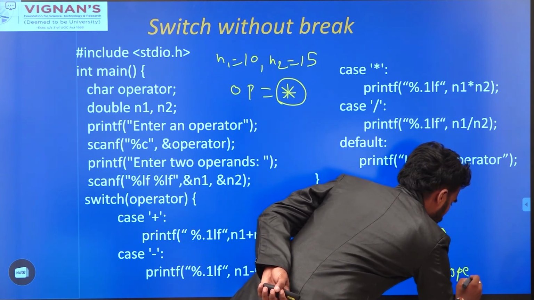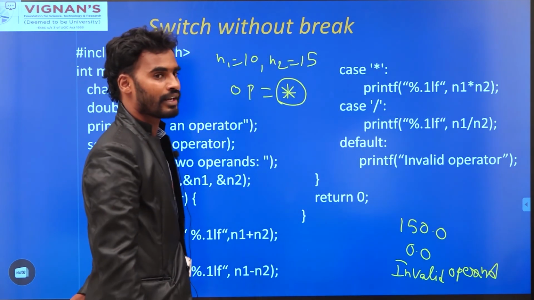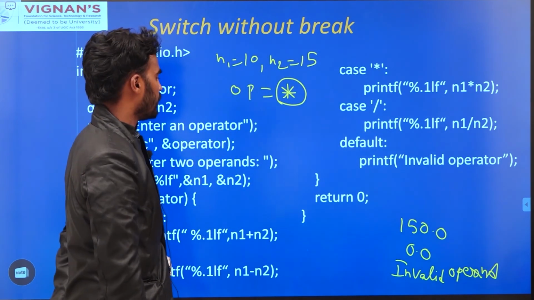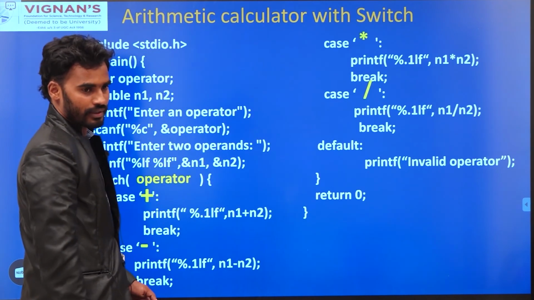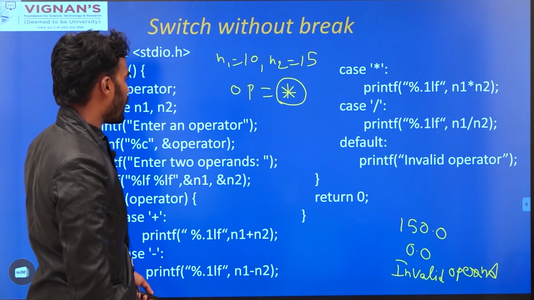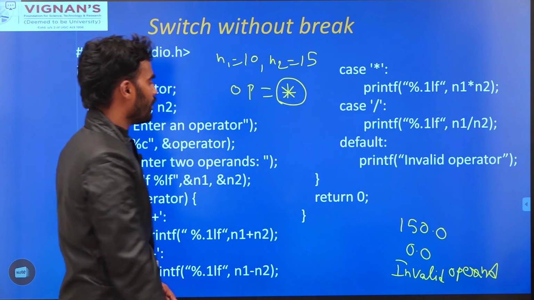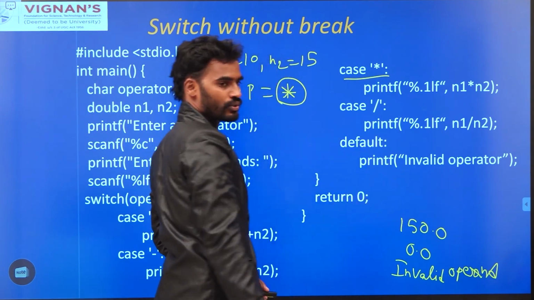All the remaining labels will be executed. So don't forget to place the break statement. If you don't place a break statement, once it matches with any label, all the labels after that will be executed one after another.